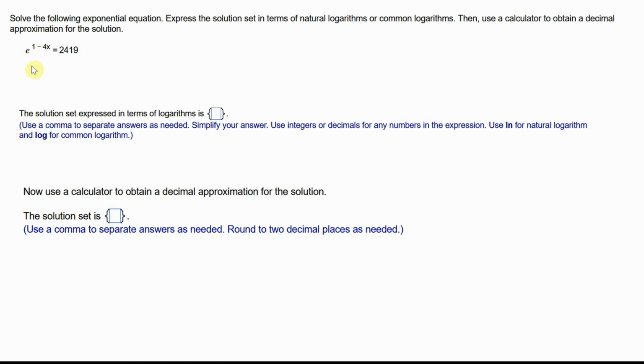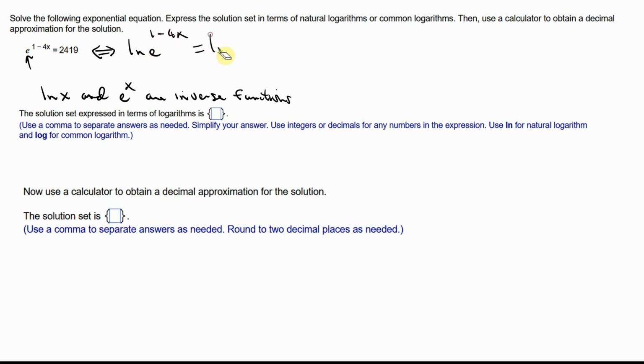Here the base is e, so I take the natural log because the natural log and e are inverses of each other. Natural log of x and e to the x are inverse functions. So this implies, watch this, this is the natural log of e to the 1 minus 4x is equal to the natural log of 2419.